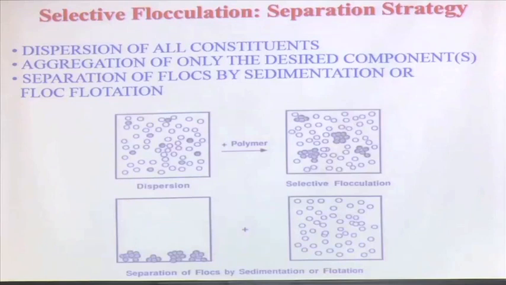And in Dr. Subramaniam's lab, one stalwart is Dr. Pradeep, who worked extensively on this selective flocculation. He has developed many reagents for selective flocculation for iron ore slimes treatment. I guess that type of research is still continuing.